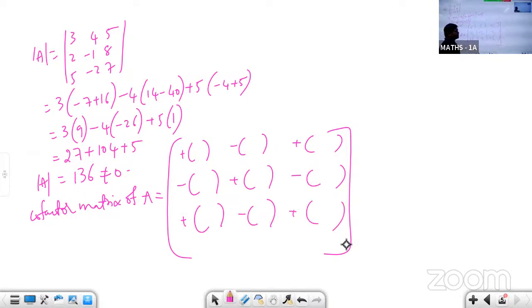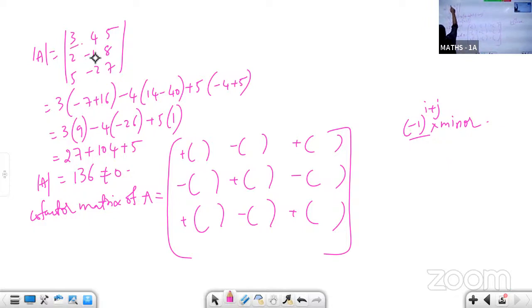What is this plus minus plus? Cofactor, just now I wrote the formula: minus 1 whole power i plus j into minor. This minus 1 whole power i plus j is nothing but your plus minus plus minus. Now, each and every one you are going to write the minors. Is it clear?